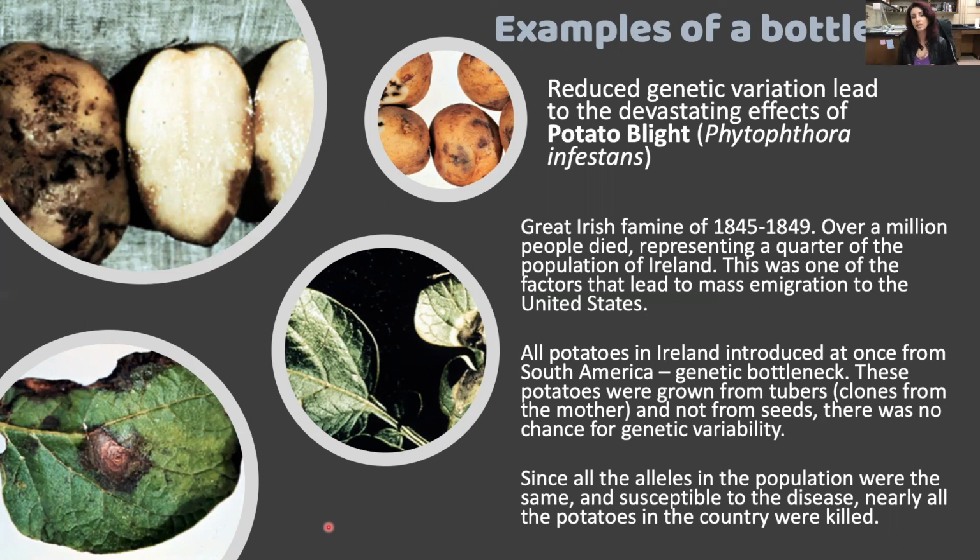And all the alleles in the population, therefore, were the same, making them susceptible and vulnerable, all in the same respect to whatever disease might hit it. There was not enough genetic variation to have many survivors. So nearly all of the potatoes in the country were killed because of this potato blight that was brought over from Mexico.